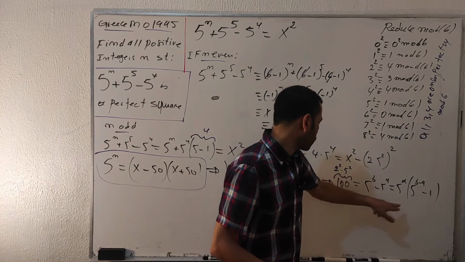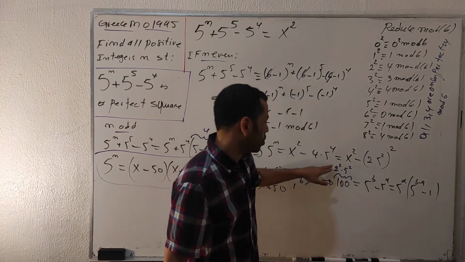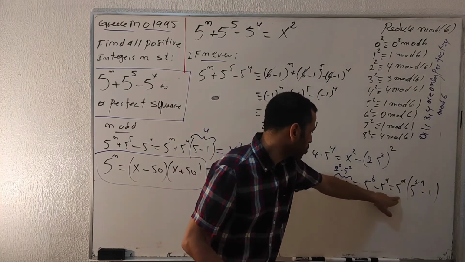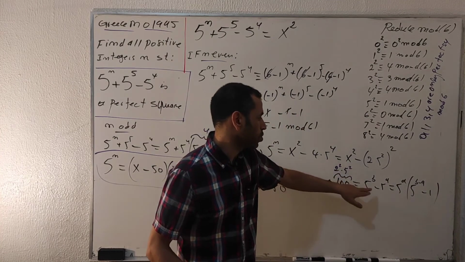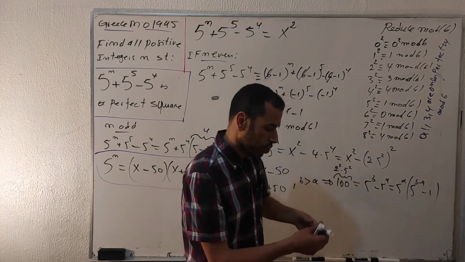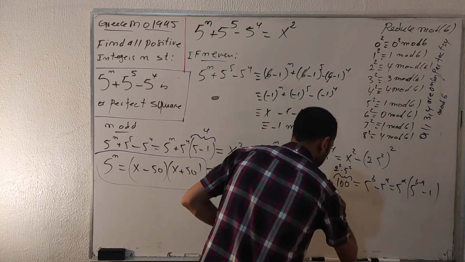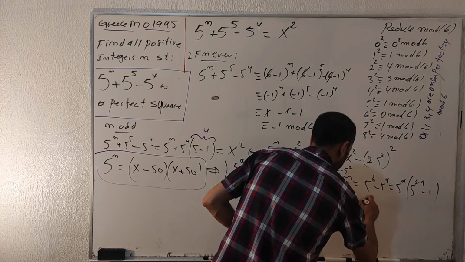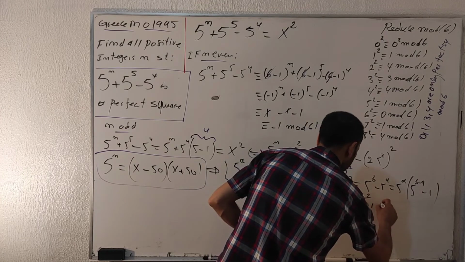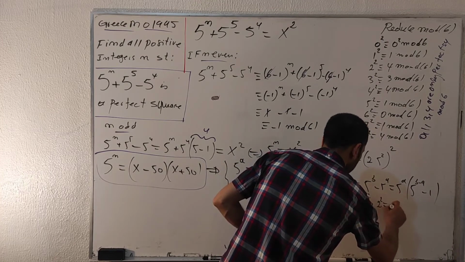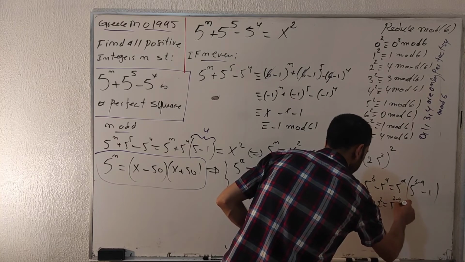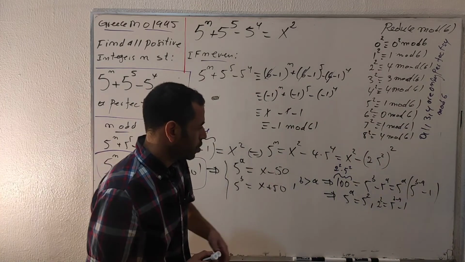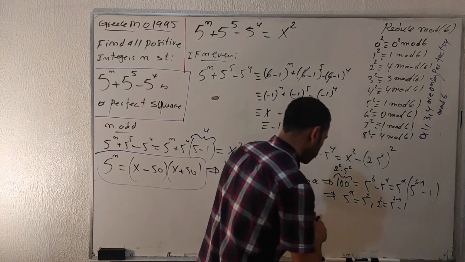This term is even, which means this term goes to the 2 squared, and this term goes to the 5 squared, because this one is even and this one is odd. So we'll have 5 to the a equals 5 squared, and 2 squared equals 5 to the b minus a minus 1. So I get here a equals 2.